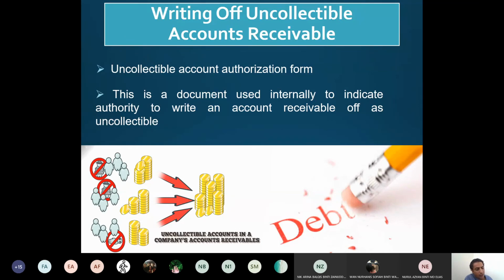Through the year, some customers will not pay, or sometimes they will disappear, or sometimes they will announce bankruptcy. They will keep hiding or closing their phone. We cannot follow up with them.